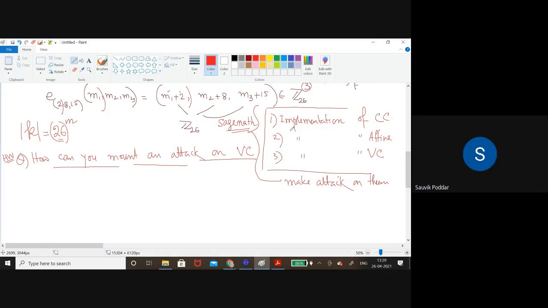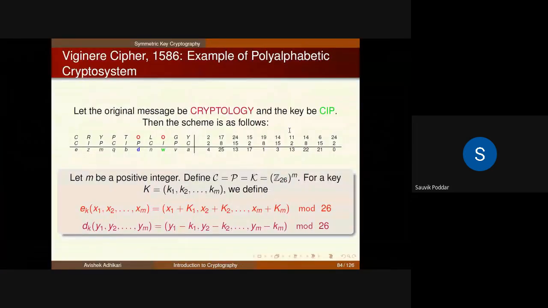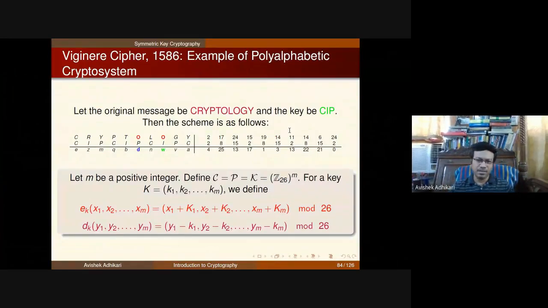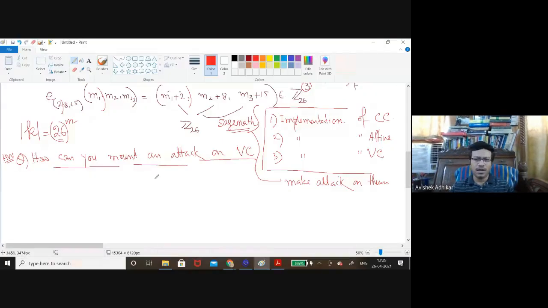Affine cipher or substitution cipher or Vigenere cipher, they all are basically generalizations of Caesarian cipher. Yes. In my last class, I already mentioned it. In substitution cipher, for Caesarian cipher, if you put k equal to 11, that means something is shifted, and A goes to some X, B goes to some Y, C goes to some Z, and so on.